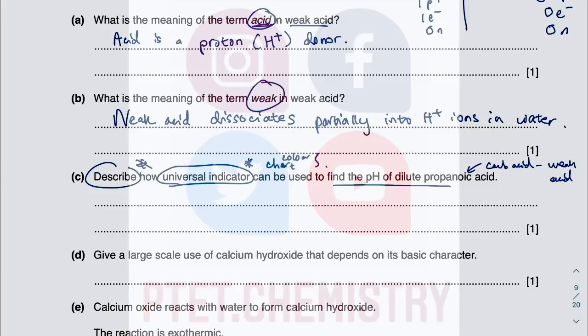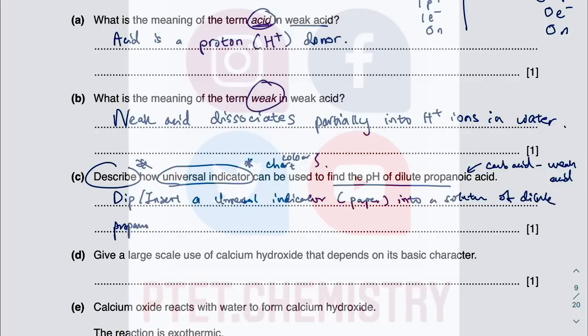Okay, so describe. Dip or insert universal indicator, I assume it's a paper, into a solution of dilute propanoic acid.